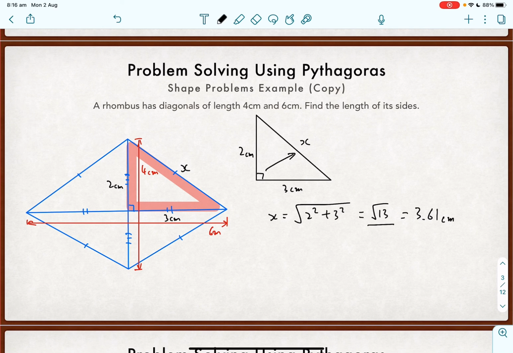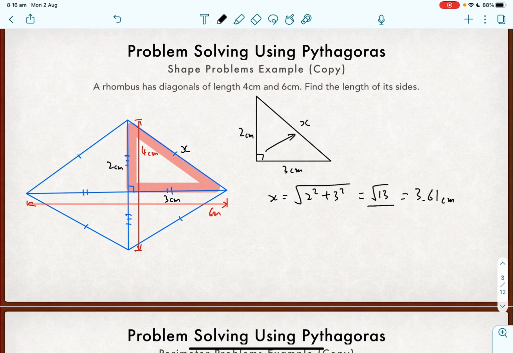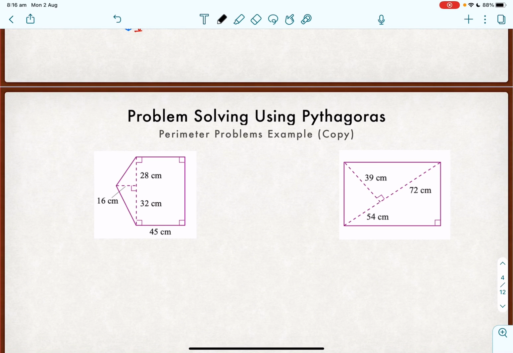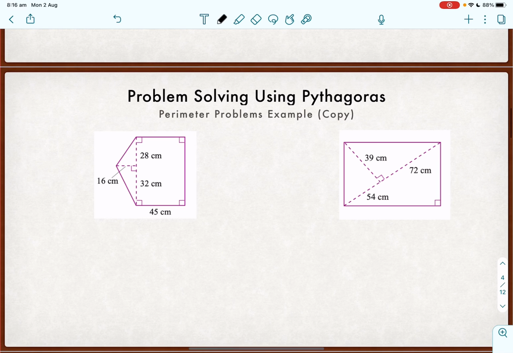Okay, that's it. Now I'm going to give you one more example because that may not be the best one. Those are a little bit more complicated, but the principle is exactly the same. Now you need to know your shapes.